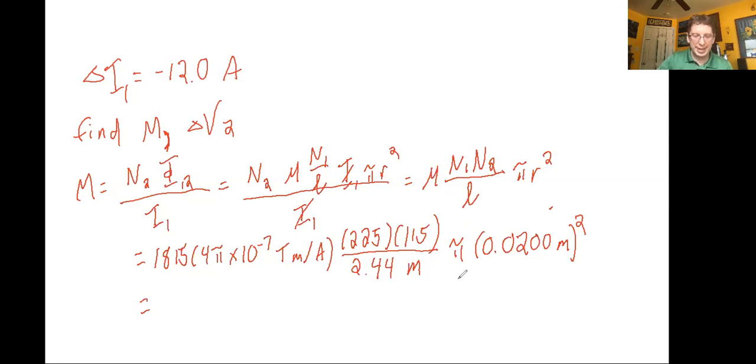And what you get is, you have three significant figures, so you get 0.0304 henries. And you can also, if you prefer, write that as 30.4 millihenries. So that's the mutual inductance between those two wires wrapped around the same coil.